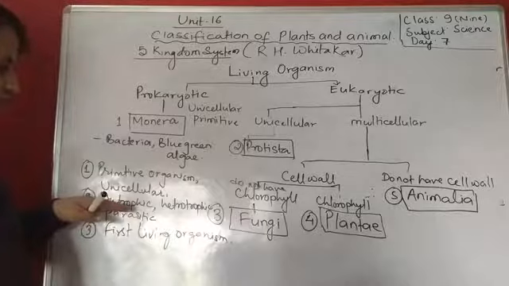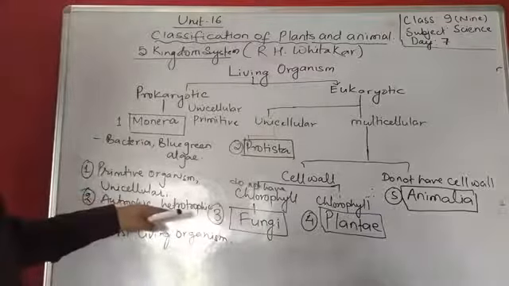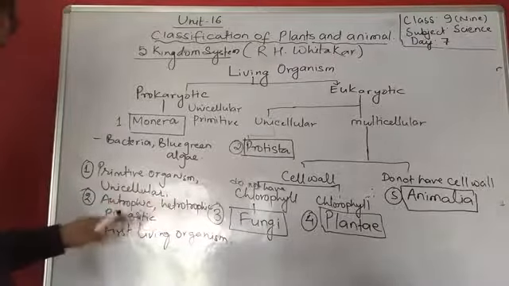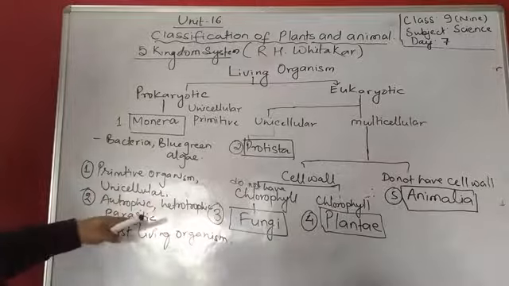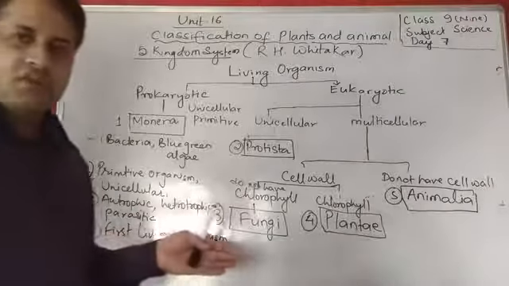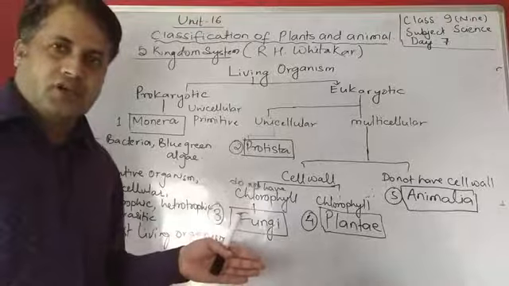Some organisms can prepare their food themselves, some depend upon other organisms for nutrition, and parasitic means living on the body of another to get nutrition. They were the first living organisms to come into existence on the earth.